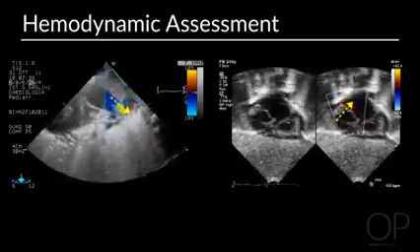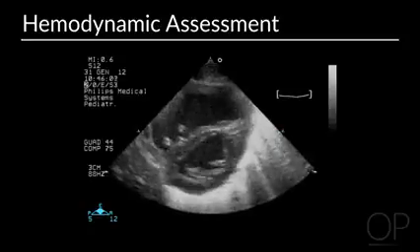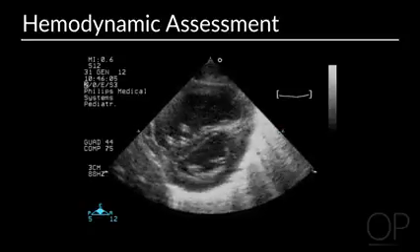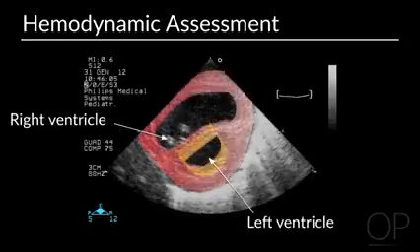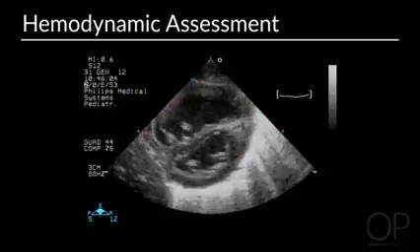And if we have a short axis cut of the left ventricle, we would see a D-shaped left ventricle because of the increase in the pressures in the right ventricle, which are displacing the interventricular septum to the left.